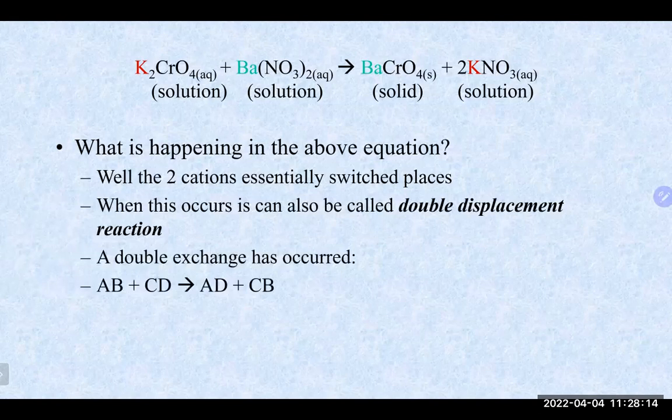So again, double displacement is our precipitation reaction and our acid-base reaction. Ultimately, it's always the same combination, the way you recognize it: positive and negative. And again, there's no other type of reaction that starts that way, always that combination.